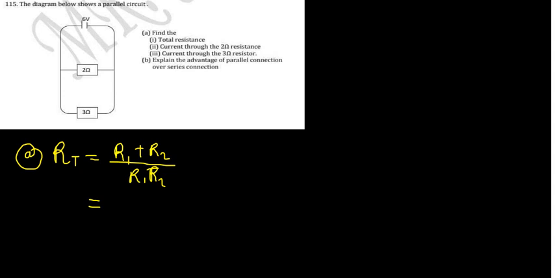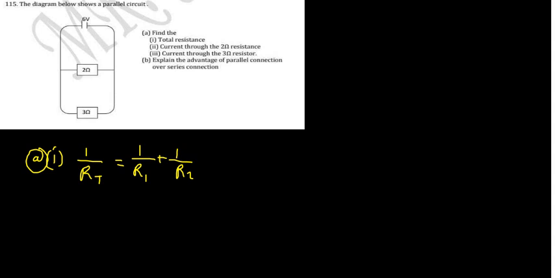Actually, I've swapped this. It's supposed to say 1 over R total is equal to 1 over R1 plus 1 over R2 when the resistors are in parallel.